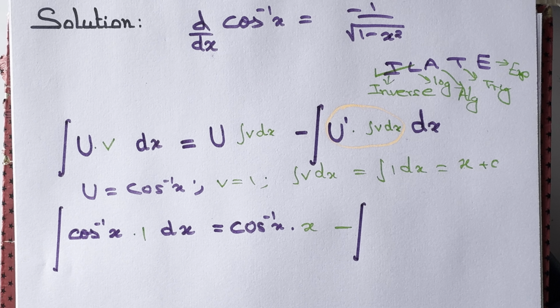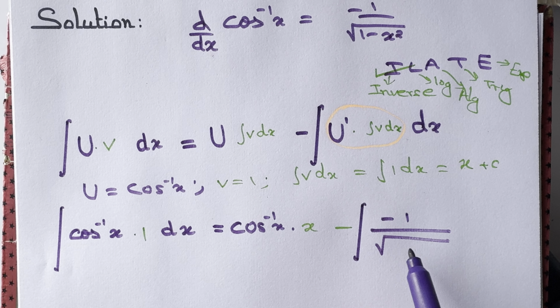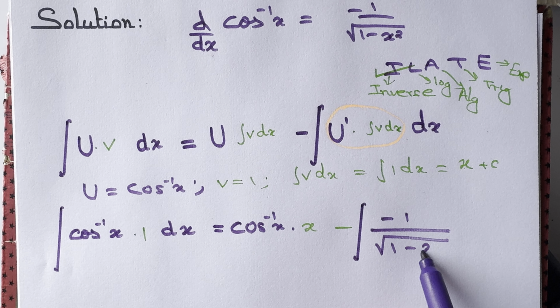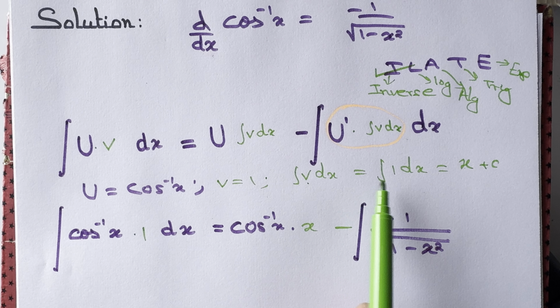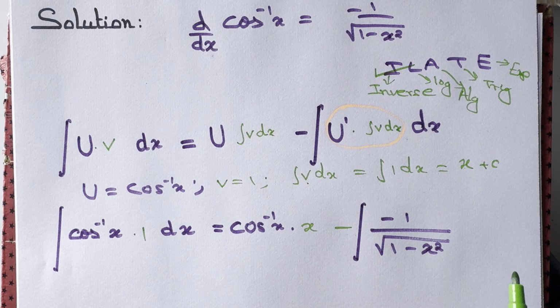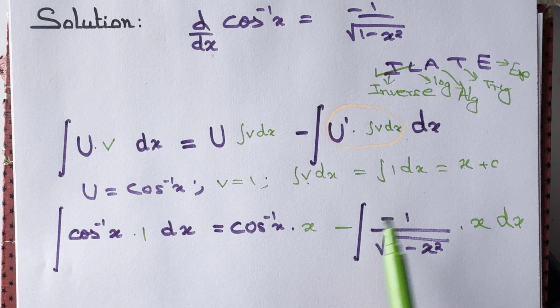The derivative of cos inverse of x, which we have seen earlier, is equal to minus 1 divided by root over 1 minus x square. And then the integral of the second function, integral of 1 dx, is just x dx. Everything needs to be integrated once again.